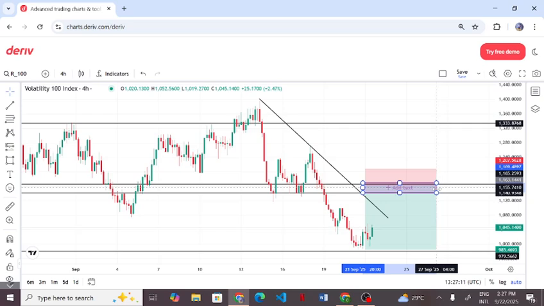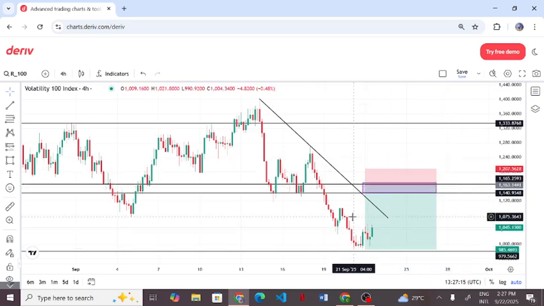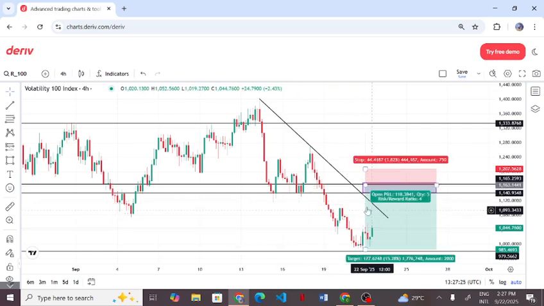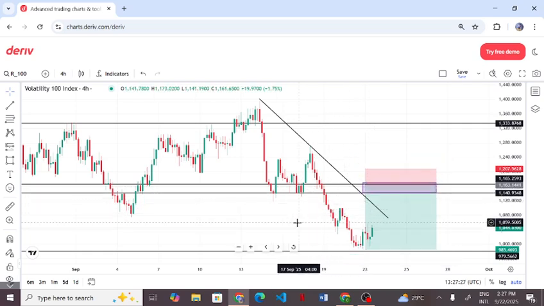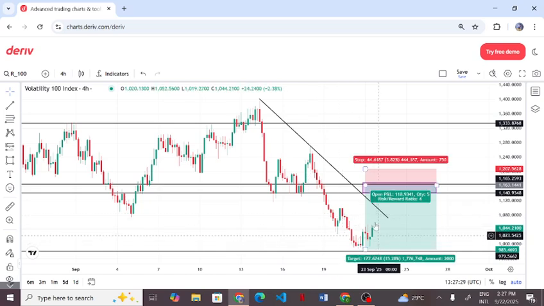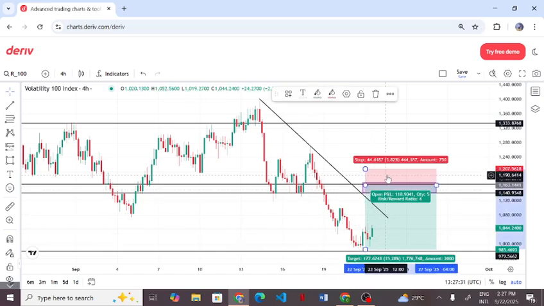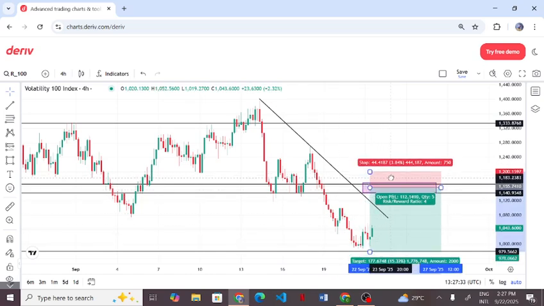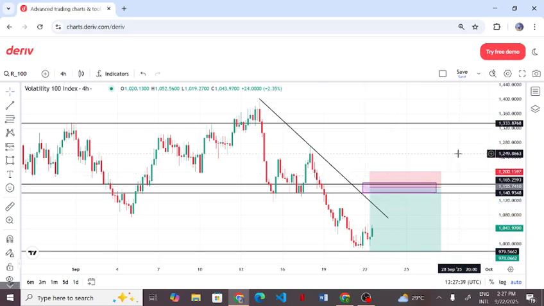We are expecting the market to do a lot of liquidity grab before it gets to this point. So we just have to wait patiently for the market to get to this sell entry point before we look for an entry signal to opt in to the market.